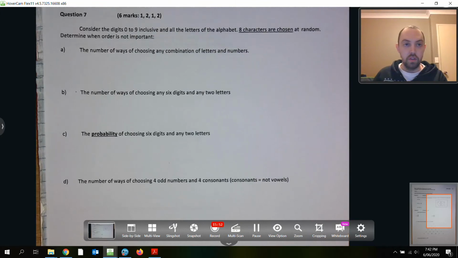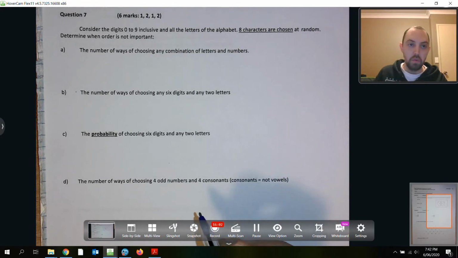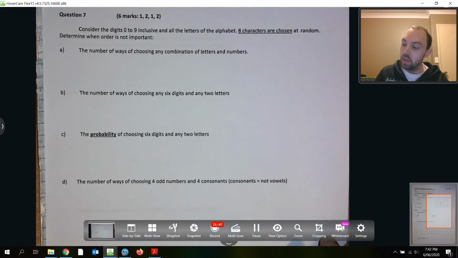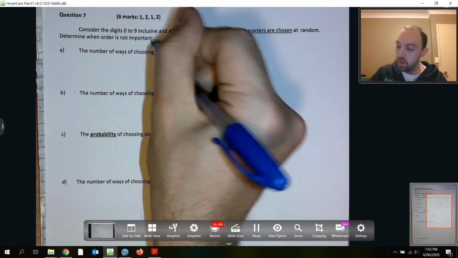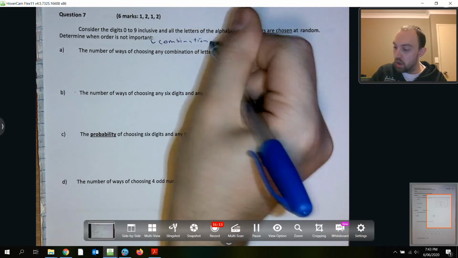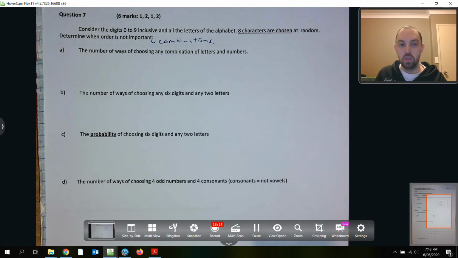Question 7. Consider the digits 0 to 9 inclusive and the letters of the alphabet. 8 characters are chosen at random. Determine when order is not important. Okay, order is not important, so we are thinking about our combinations choose function.